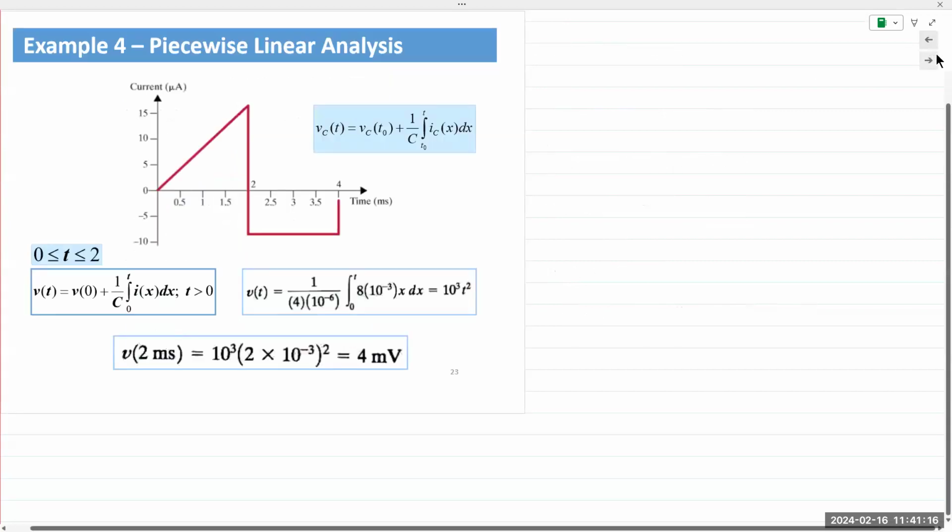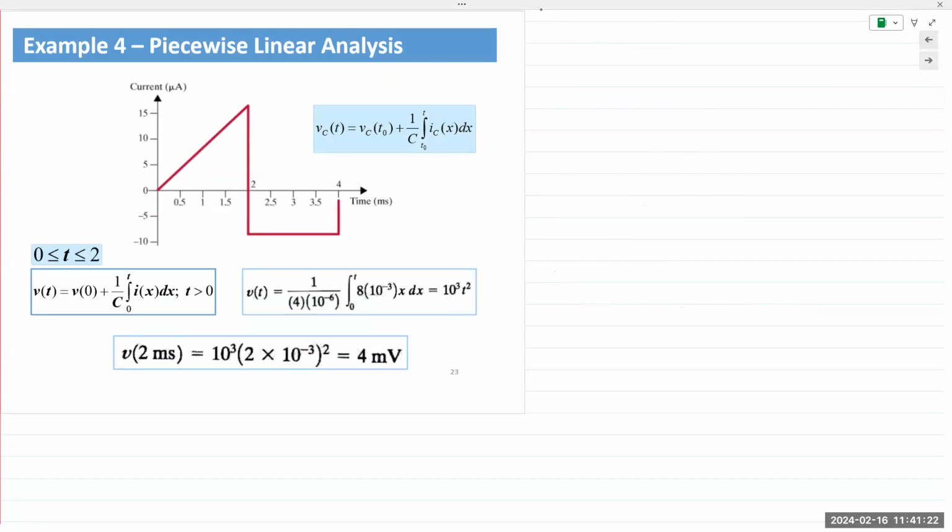And then we perform our integration. Here are important points to note. For T1, our time period is 0 to 2 milliseconds. Our input current is a function of time, so our output voltage is also a function of time.